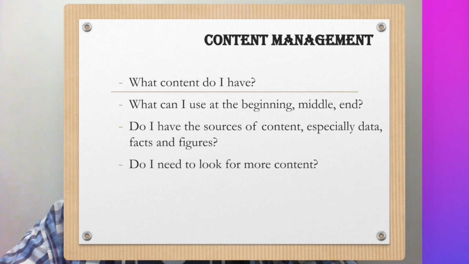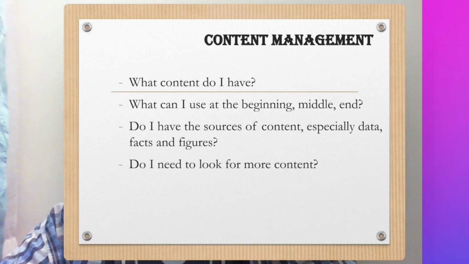And friends, one of the most important things: whenever you create content and whenever you use data, facts and figures, always remember you need to authenticate the sources. You must know the sources and you must also show the sources. Anybody can question you on any statistic, on any fact or figure, and you have to defend yourself.